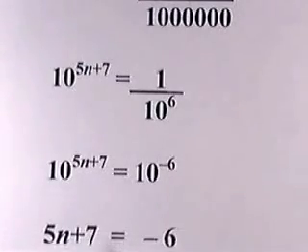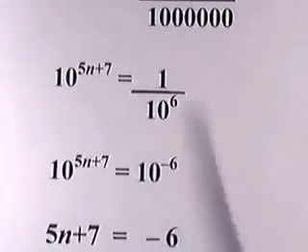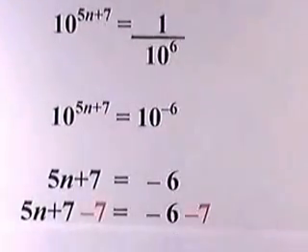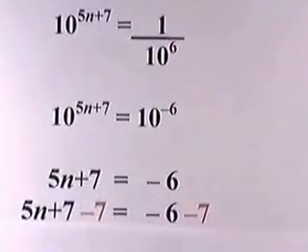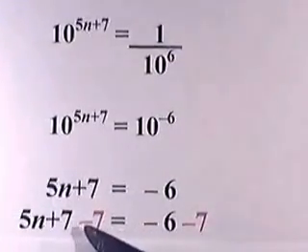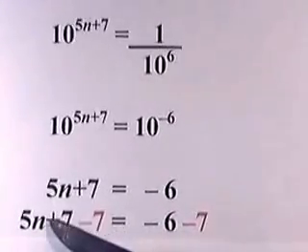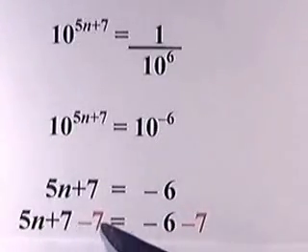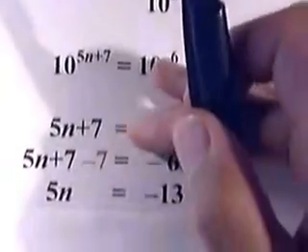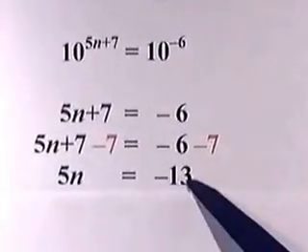And you can make the equation then that 5n plus 7 must equal -6. Okay? And you have to solve this very simple linear equation, and you begin by taking away 7 from both sides. This add 7 take away 7 gives 0, and you're left with the right hand side being -13.